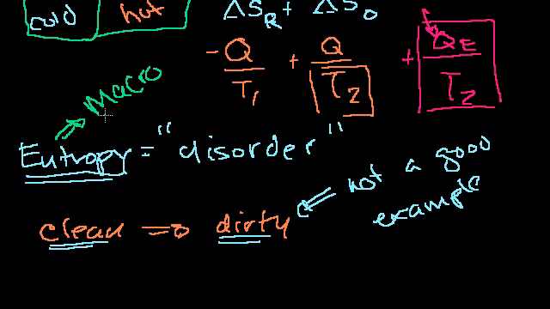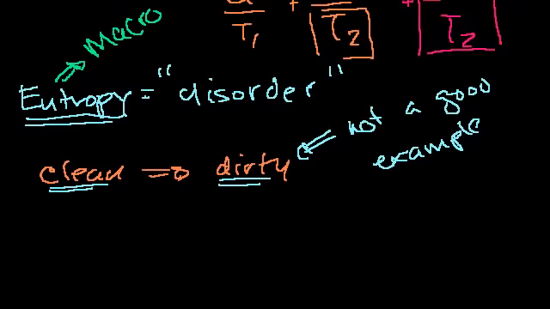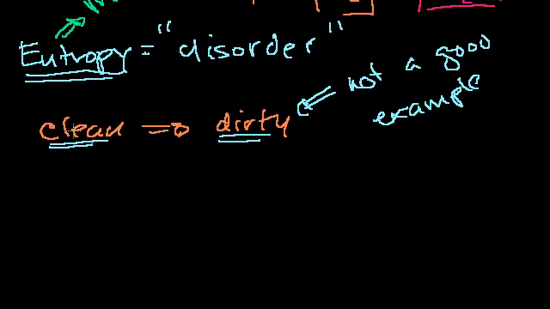It actually tells you how many states there are, or how much information I would have to give you to tell you the exact state. Now, when you have a clean room and a dirty room, these are two different states of the same room. If the room has the same temperature and it has the same number of molecules in it and everything, then they have the same entropy. So clean to dirty, it's not more entropy.